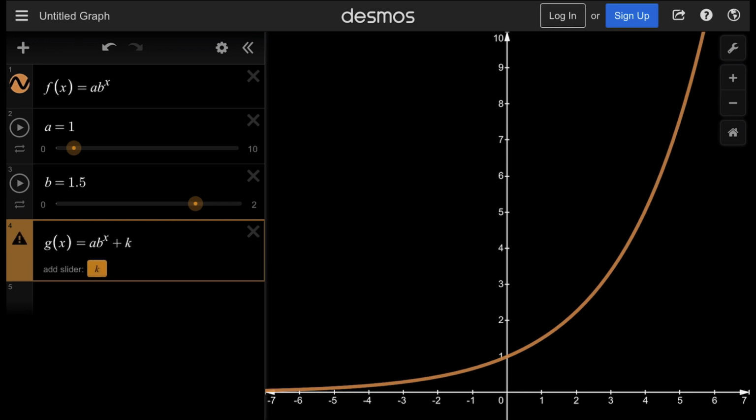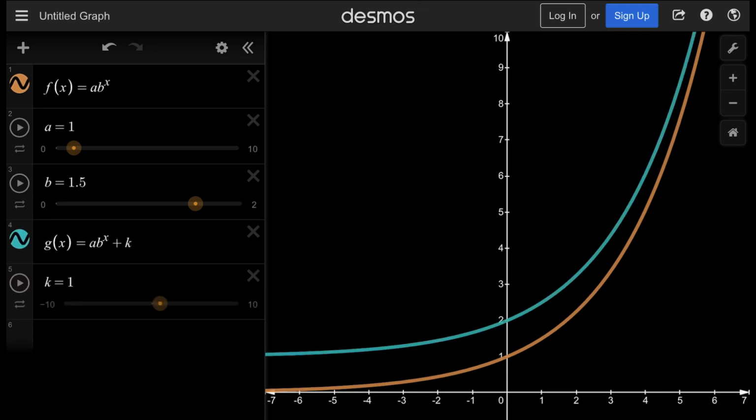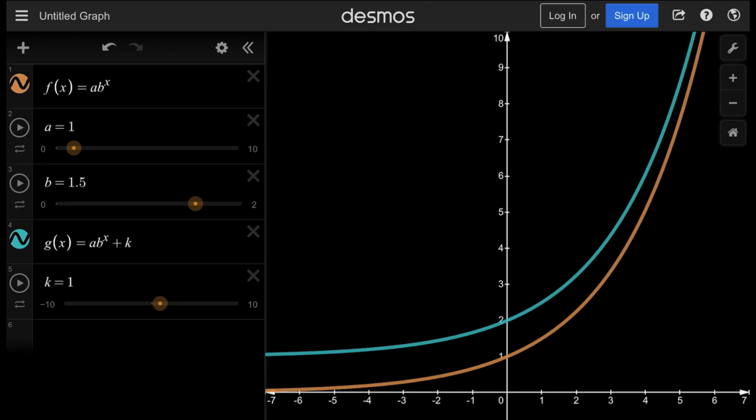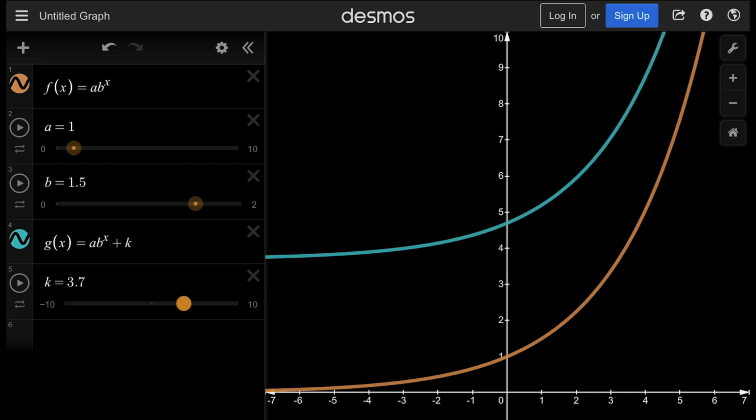As you can see, it's the exact same, but now I'm going to add some value k, and you can already see what happens. k's value is 1, and notice now how this blue graph actually moved 1 unit higher. Remember, all k does, it's a constant, so when you add a constant, it moves something up by that constant.